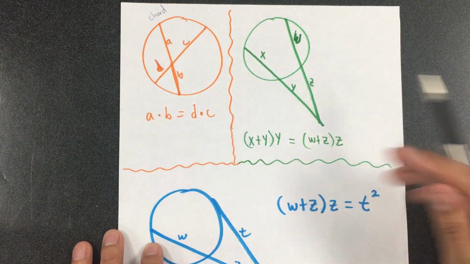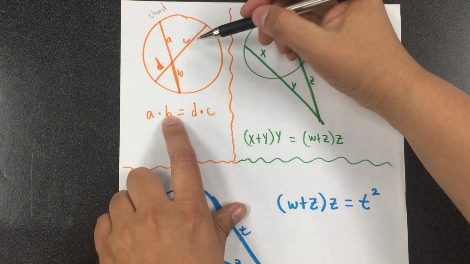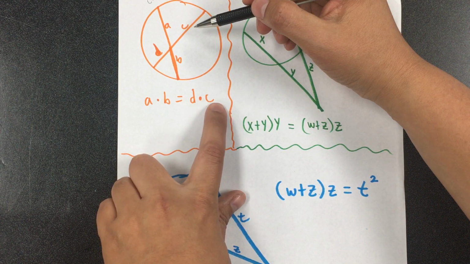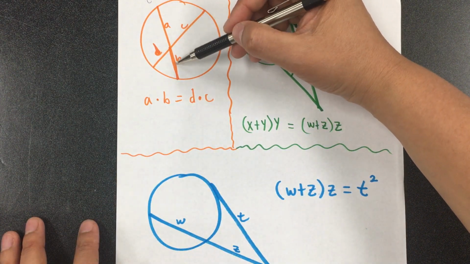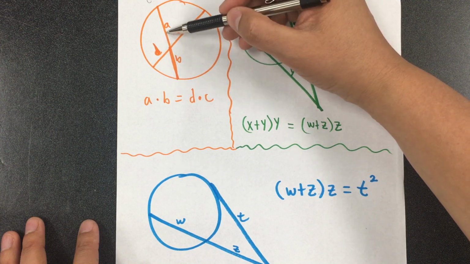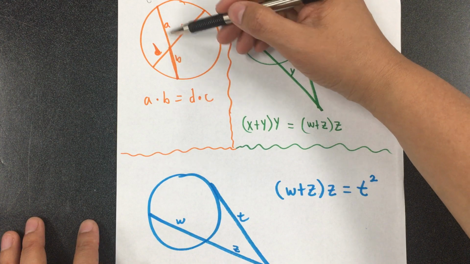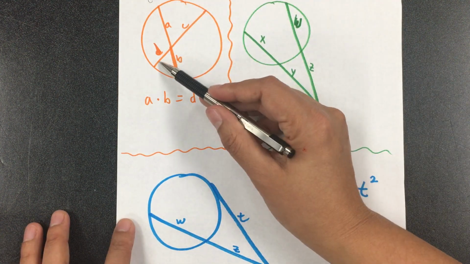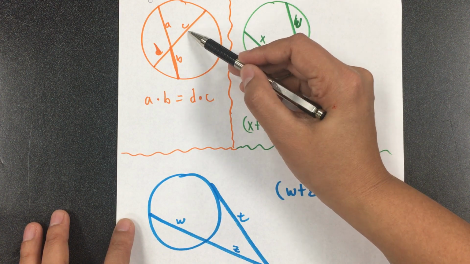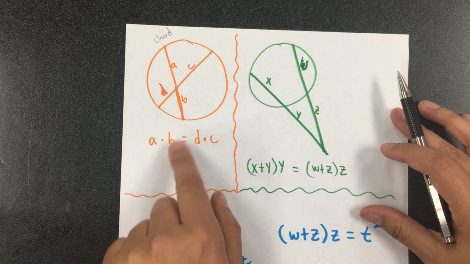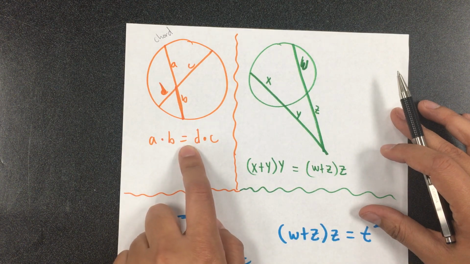And when two chords intersect, we can say that A times B equals D times C. What does that mean? That A times B are on the same chord. There are two different segments of the same chord, and when you multiply them, that's equal to the multiplication of the other two segments of the other chord, okay? So that is gonna look a lot easier once we start the practice.